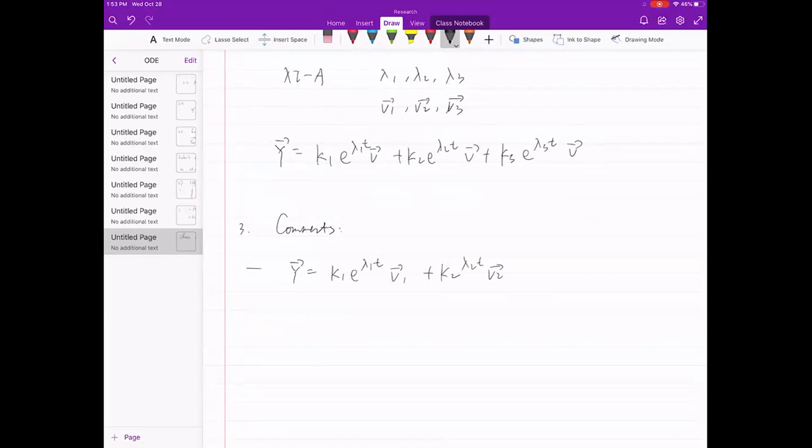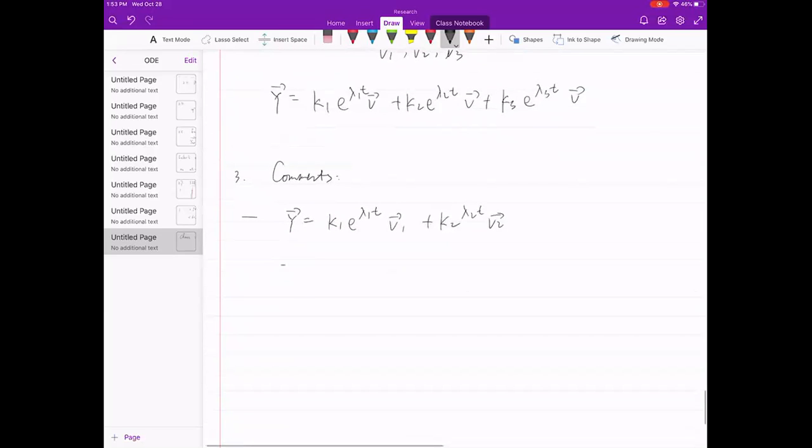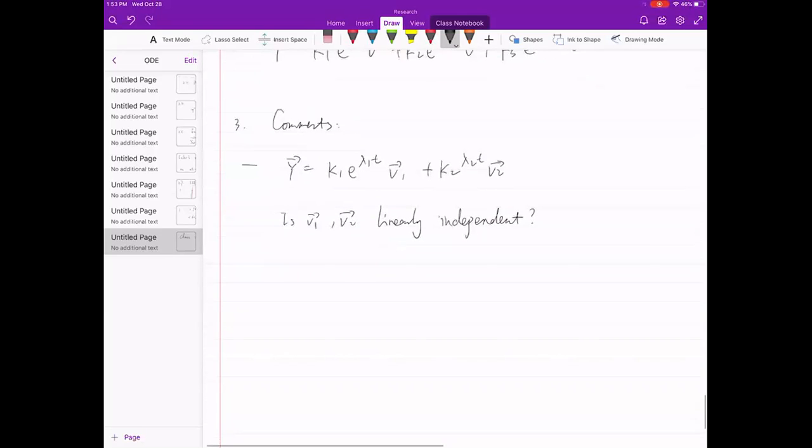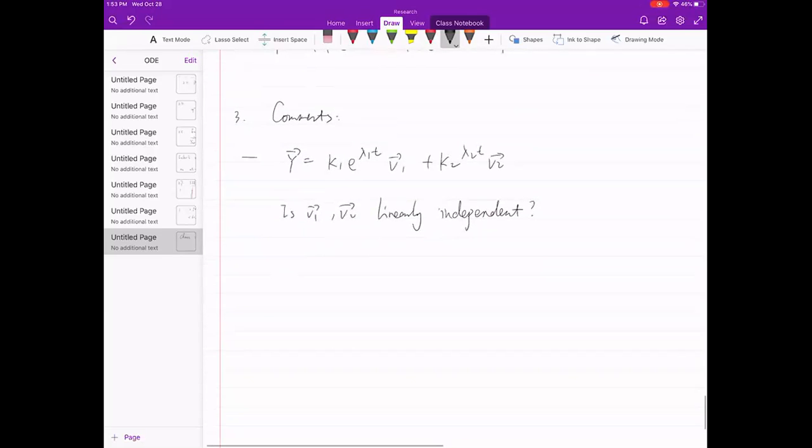Fine, I take that. The question, though, is, how do you know they are linearly independent? Do you recall anything like this in linear algebra? If not, let's write this down.